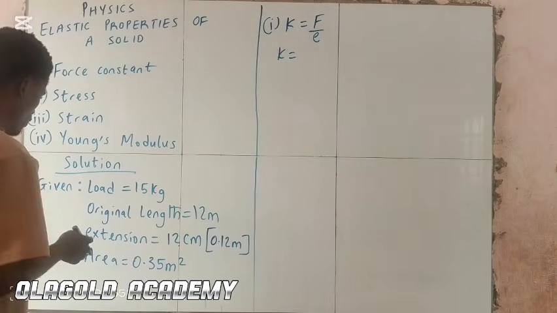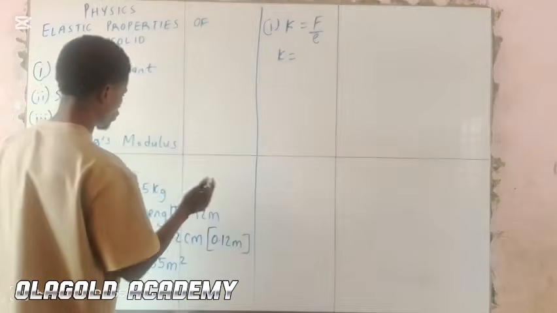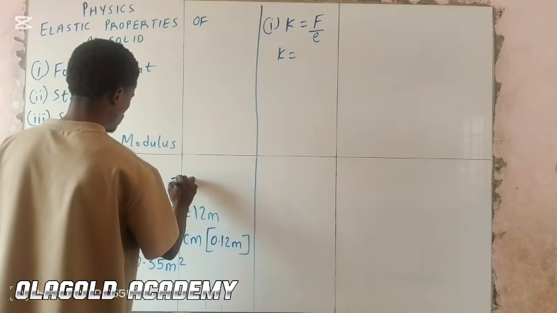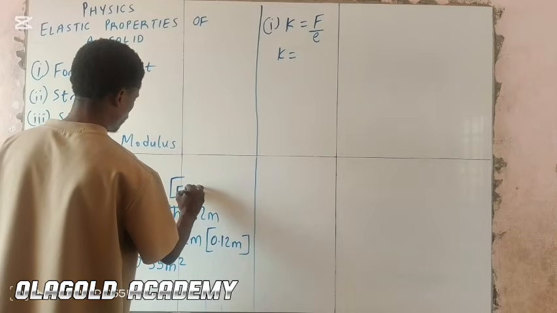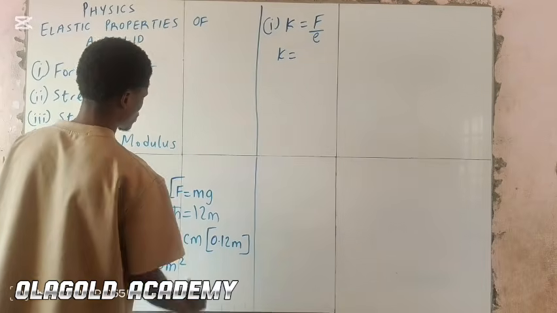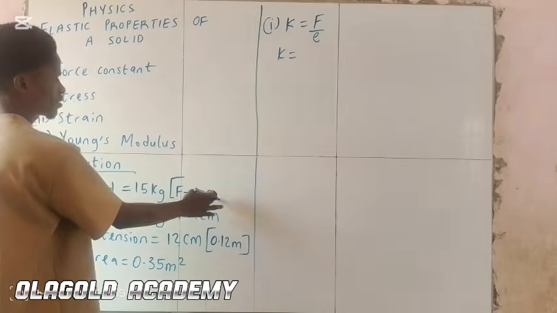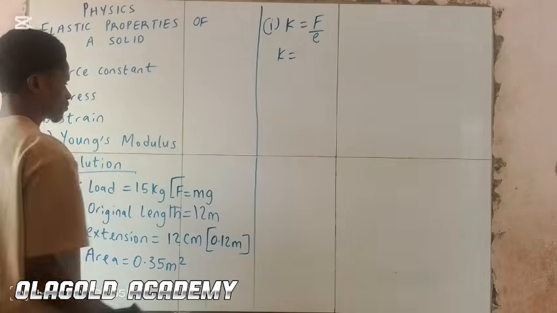Remember, if you look at the question very well, we are not given force, but we can find force. The formula for force is F equals mass times g, which is acceleration due to gravity.